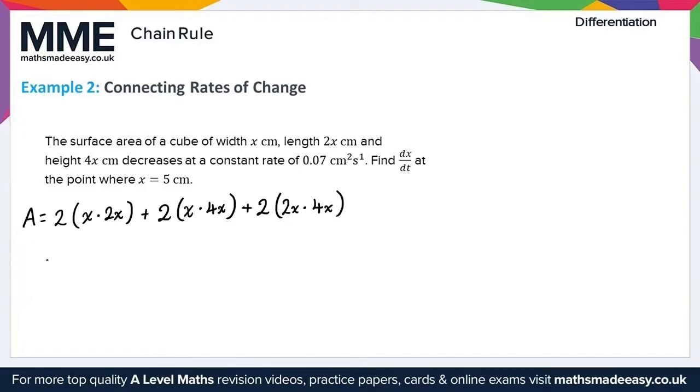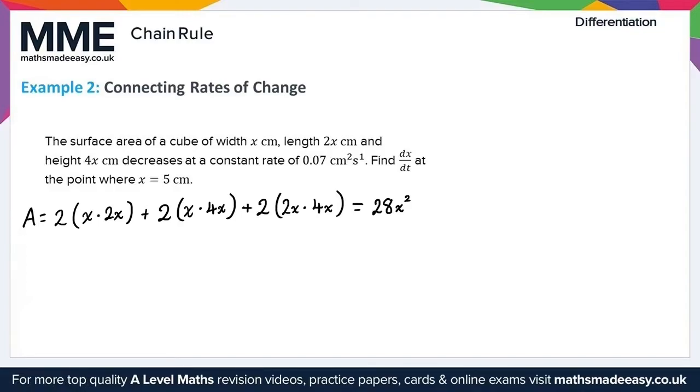That would give us the total surface area. Now all we need to do is expand these brackets and collect like terms, and if we do that correctly, we get 28x squared.